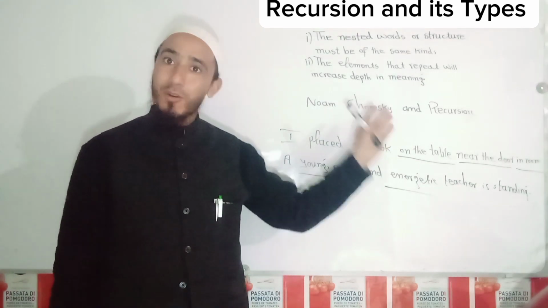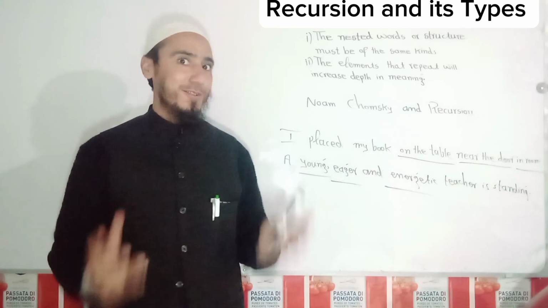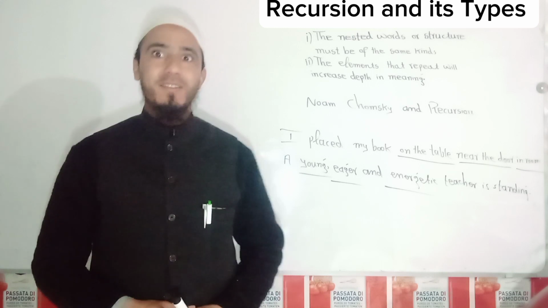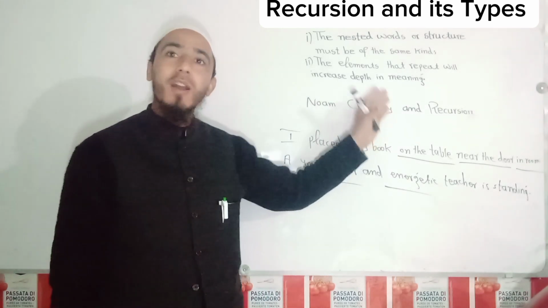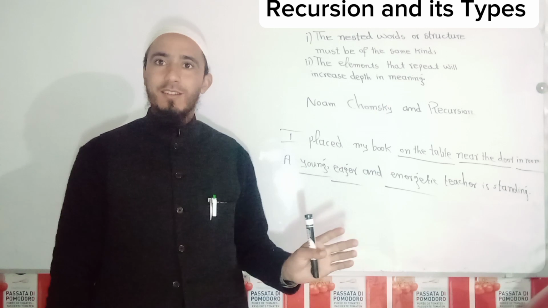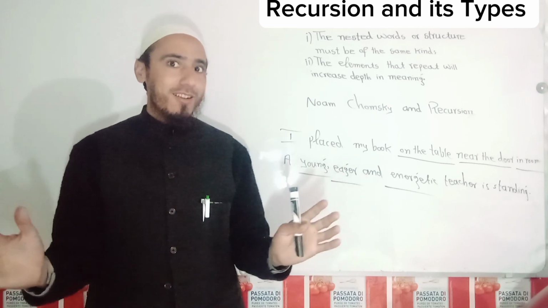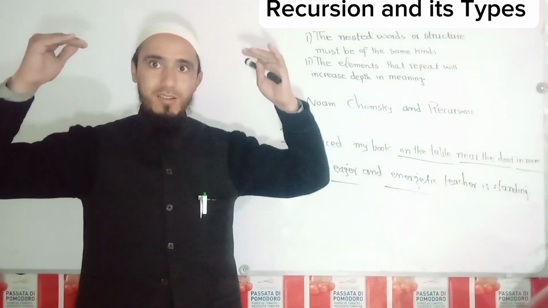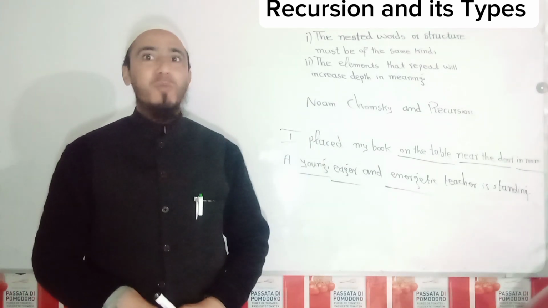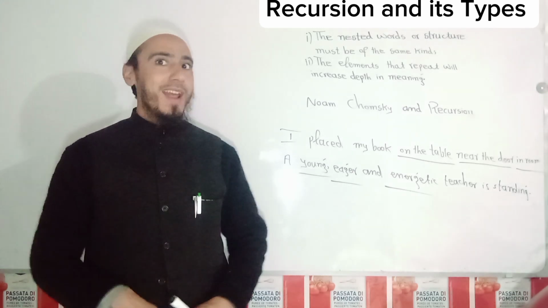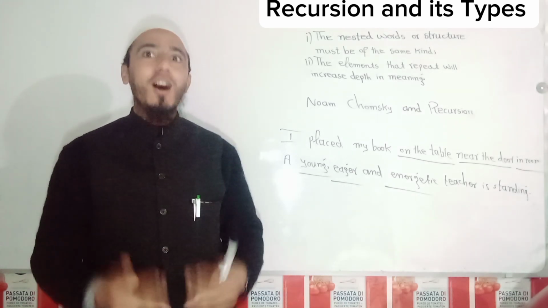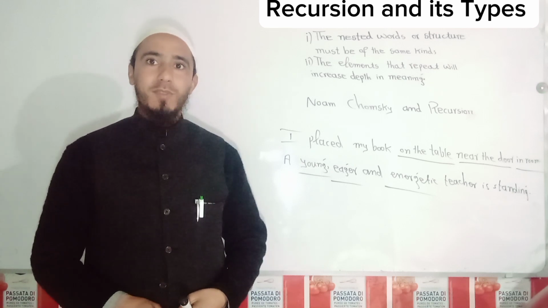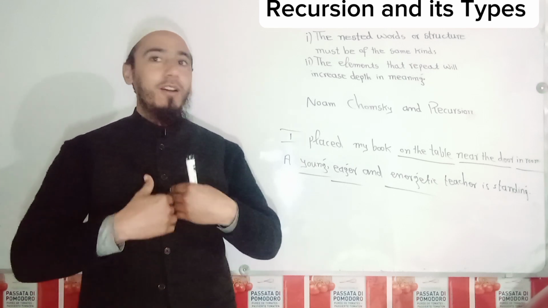Now the question arises, what is the view about recursion of Noam Chomsky? Listeners and audience, you know about Noam Chomsky that he is known as the father of modern linguistics. Noam Chomsky proposes that there is a set of rules which are shaped in the brain of human beings, and he calls those rules innate capacity, ability, or innate features.